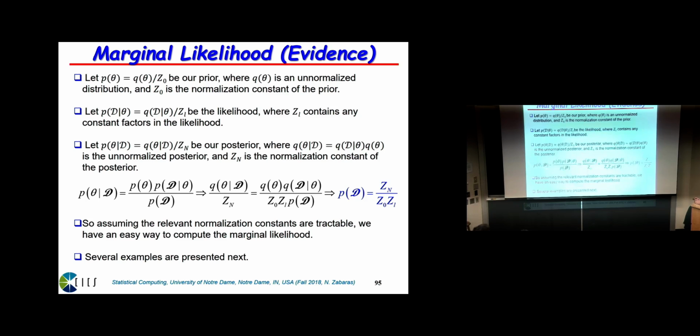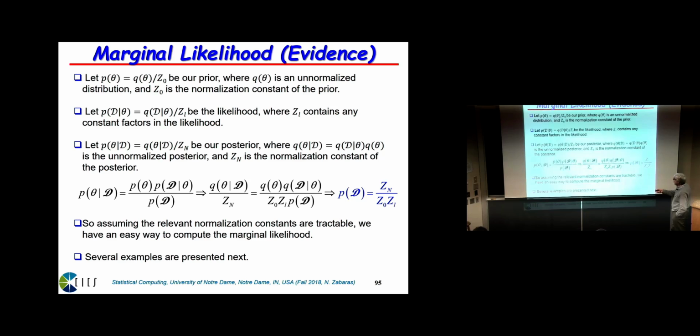We have done this in different problems, but if you look at the different terms on the left and the right, they contain functions of theta and some normalizing factors, some coefficients. So if you cancel everything that depends on theta, what you're left with is that the marginal likelihood is basically a normalization factor Zn.